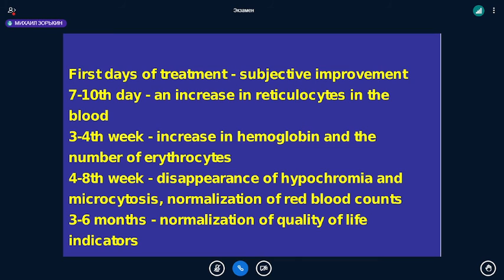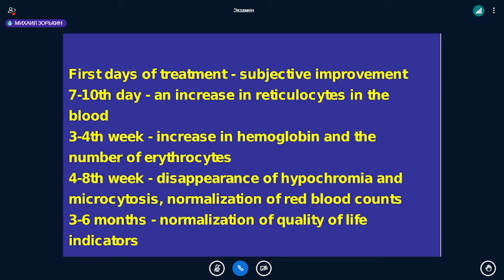In the first month after the treatment onset, hemoglobin and the red blood cell count will be increased. By 2 months of the treatment, color index will become normalized, MCV will become normal, red blood cell count will become normalized. And finally, by the 6 months, normalization of the quality of life indicators.